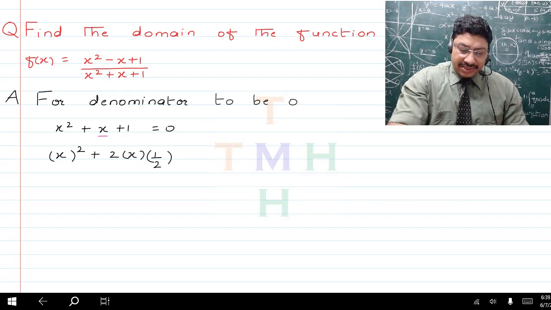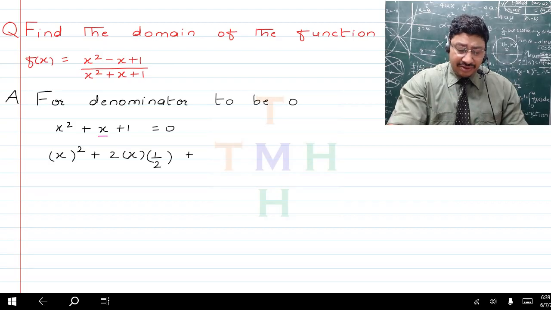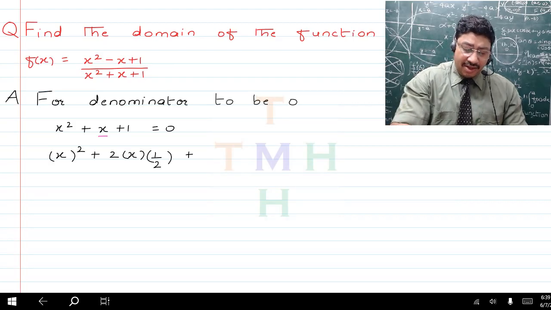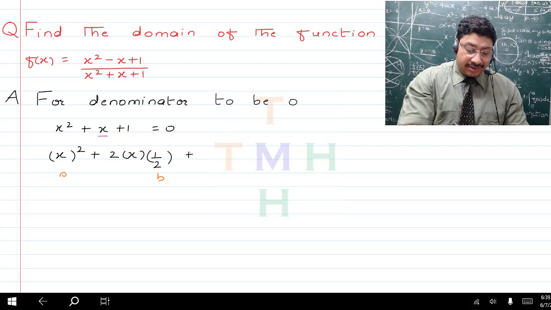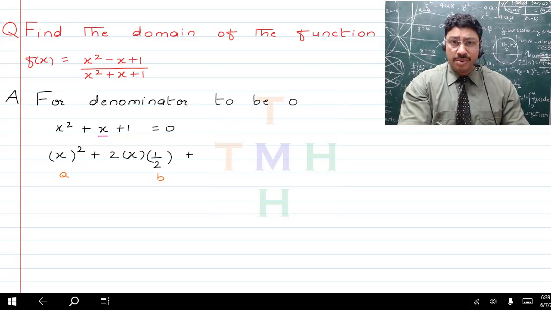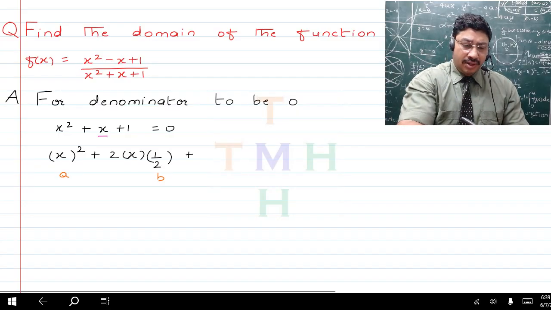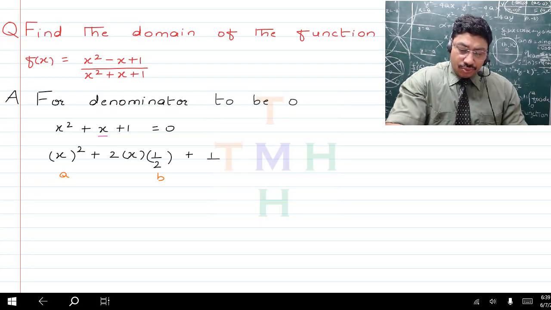Next, as we have here the value of b, which we have found out to be 1 upon 2, right? And a already here is x. As such, now we will write the b square term, which is going to become equal to 1 upon 2 whole square, right?